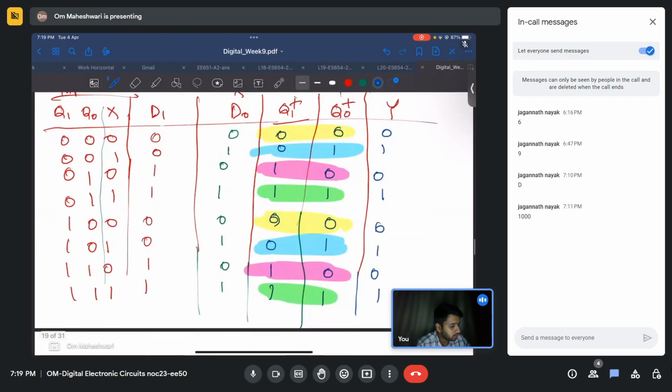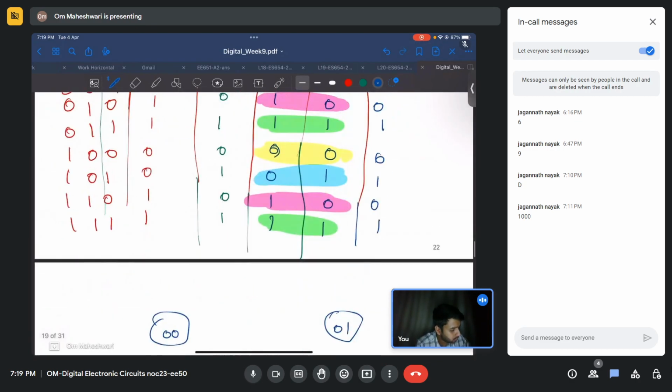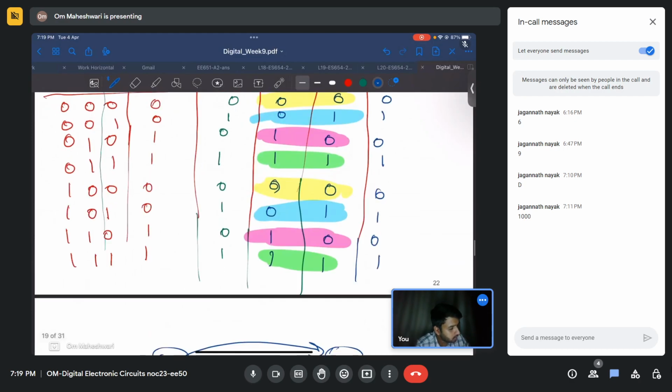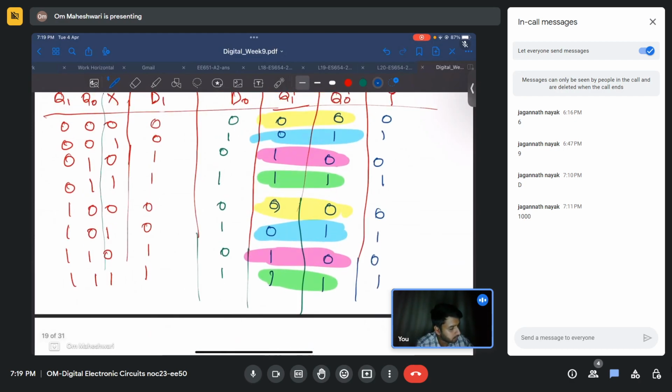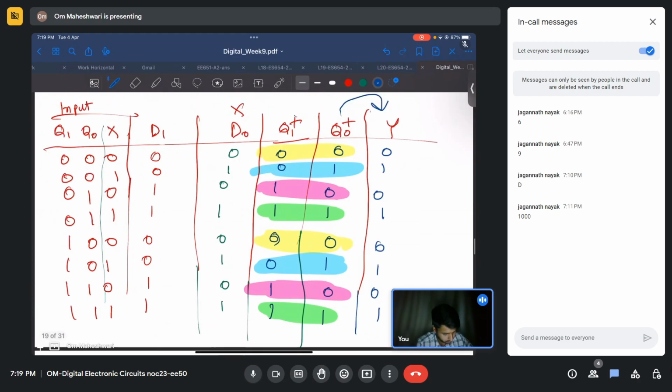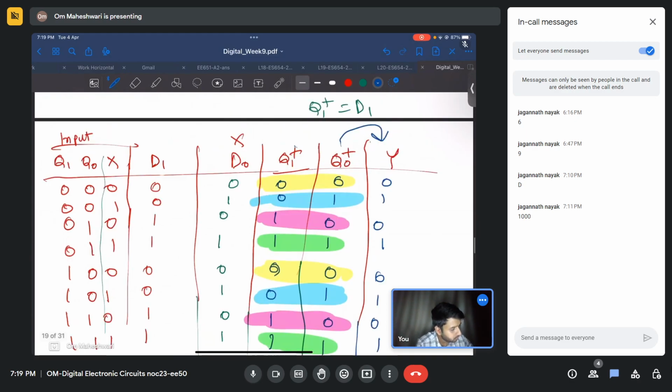Now when we will transition, so we can go from here to there. We'll go from 0 0 to 0 1 when input X is 0. Okay. We'll go from 0 0 to 0 1. X is 1, Y is 1.